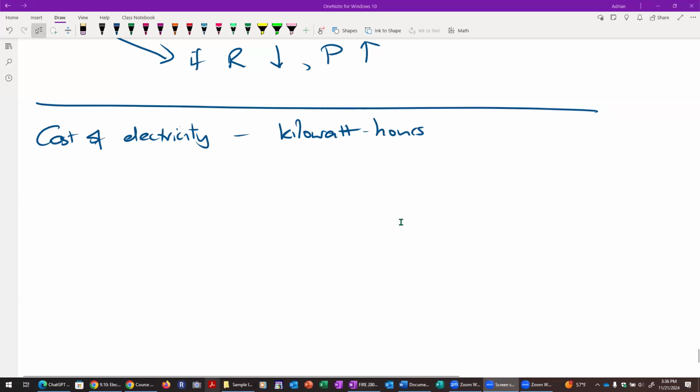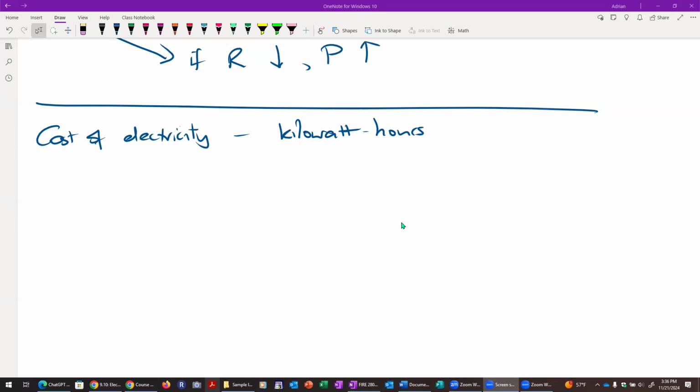All right. The last thing we'll take a look at in this section is how power is rated in terms of how you're charged for electricity. Usually, if you look at your electric bill, the cost is determined by kilowatt hours, right? So what exactly is a kilowatt hour?